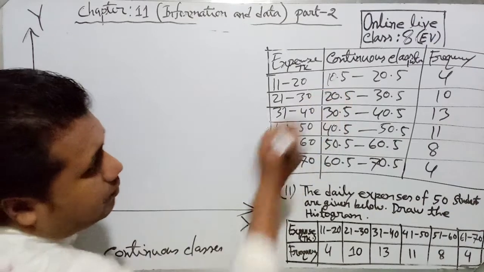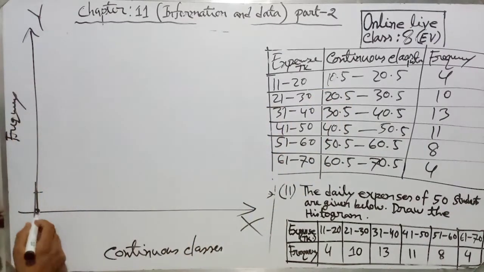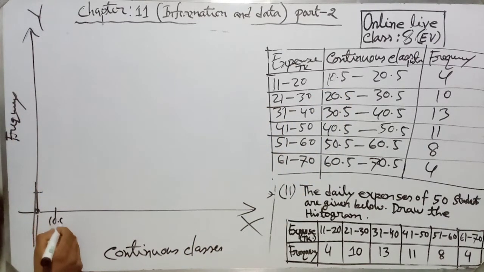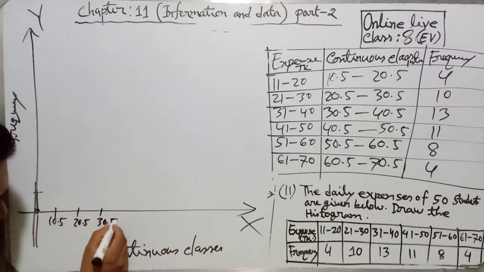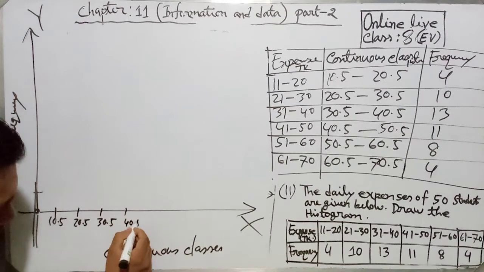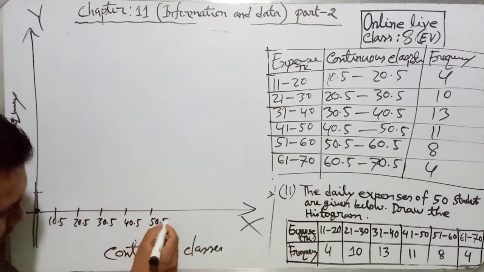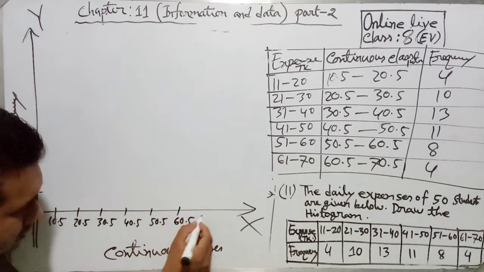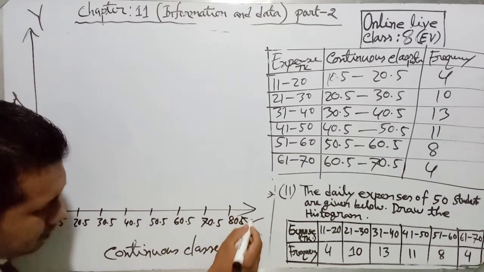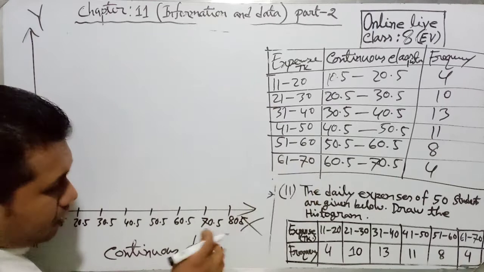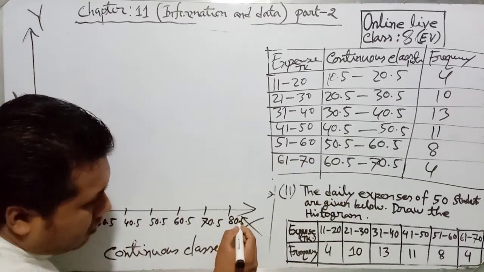Now we can write 0, then you can write 10.5. Suppose it is 20.5, 30.5, 40.5, 50.5, 60.5, and suppose this is 70.5. Also you can write 80.5, but here finally 70.5, but you can write more.